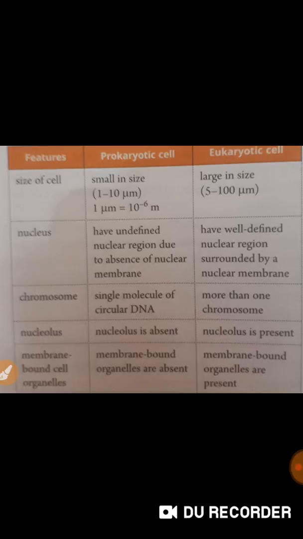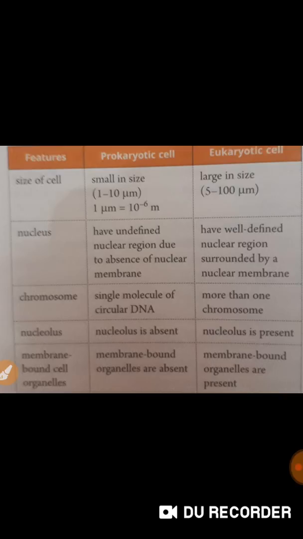Prokaryotic cells. Pro means before, karyon pertains to nucleus. Prokaryotic cells are single-celled and lack a nuclear membrane. First of all, you need to remember this. They are unicellular, and they lack a nuclear membrane.